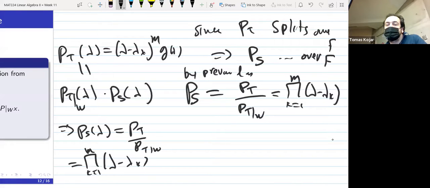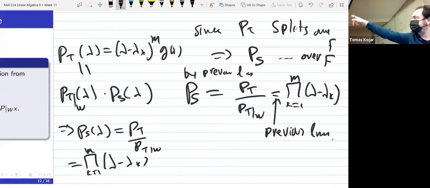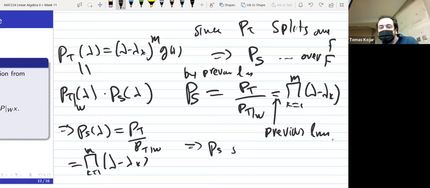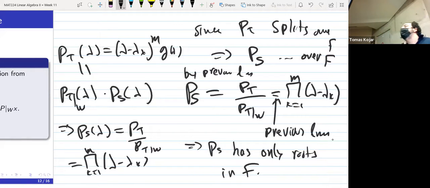Okay, so this is from the previous lemma. I cannot do this unless I know that the thing divides the top. Otherwise, I'm dividing by like 1 over x squared and stuff like that. So that's why I'm using the previous lemma. But then, yeah, that shows that PS splits and has only F roots.